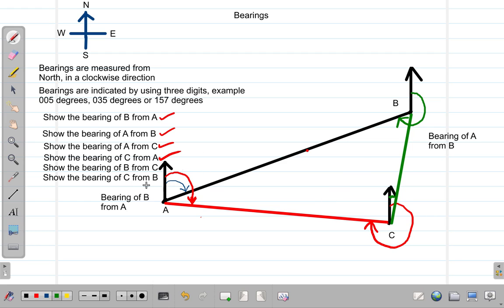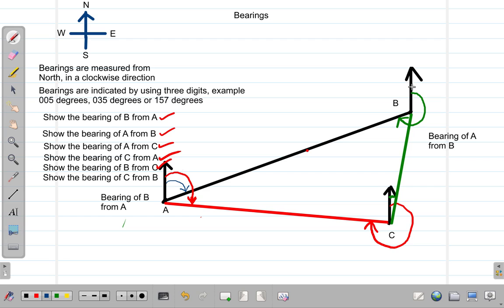And then the bearing of C from B. This one is done. So the bearing of C from B now. It means you're going to have your north line at B, which we already have. And we have a line between C and B, which we already have.